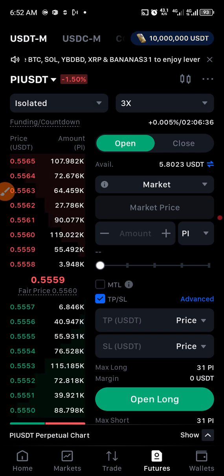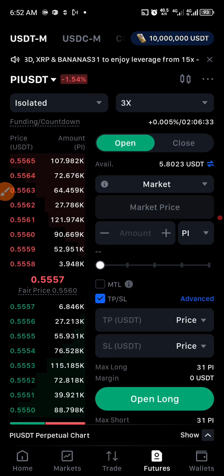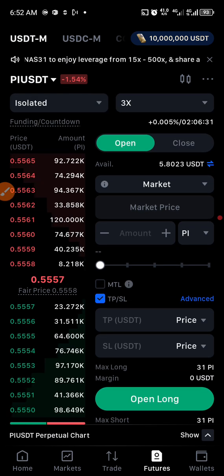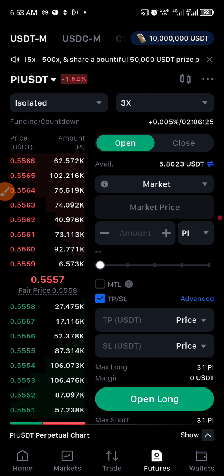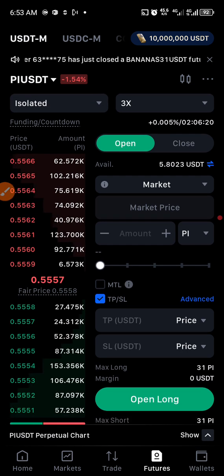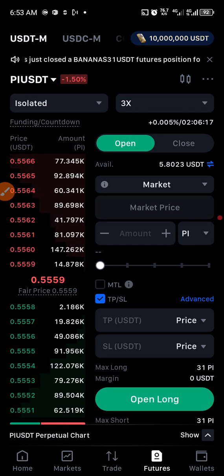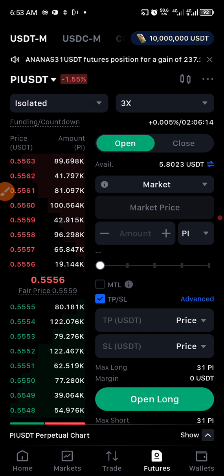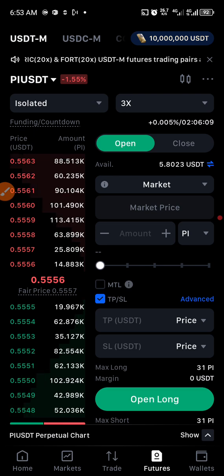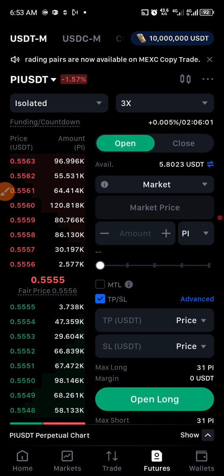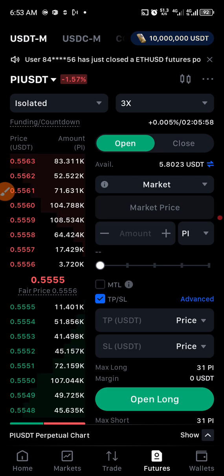So when you are on profit, the profit will be calculated based on the 10 USDT, but if you are on loss, the loss will also be calculated based on that. One thing about leverage is, the higher your leverage, the higher the risk level. When you use a high leverage, when you're on profit, your profit will be higher, and when you are on loss, your loss will be higher too. So you need to determine your leverage before.